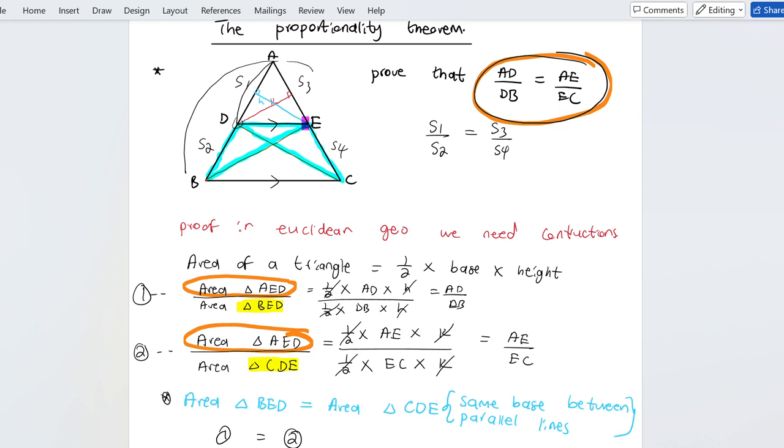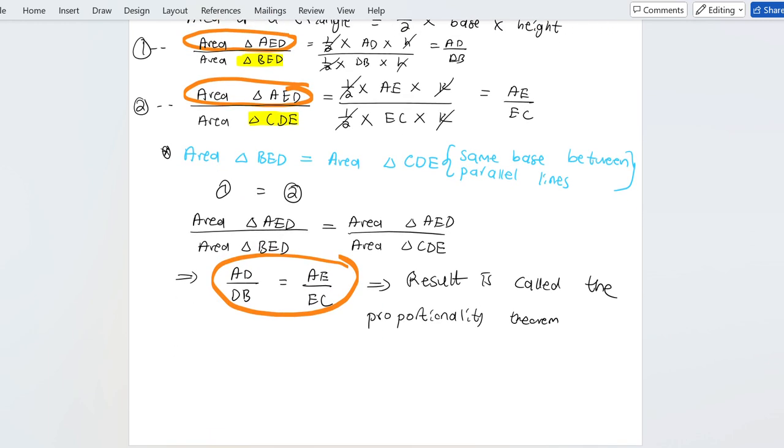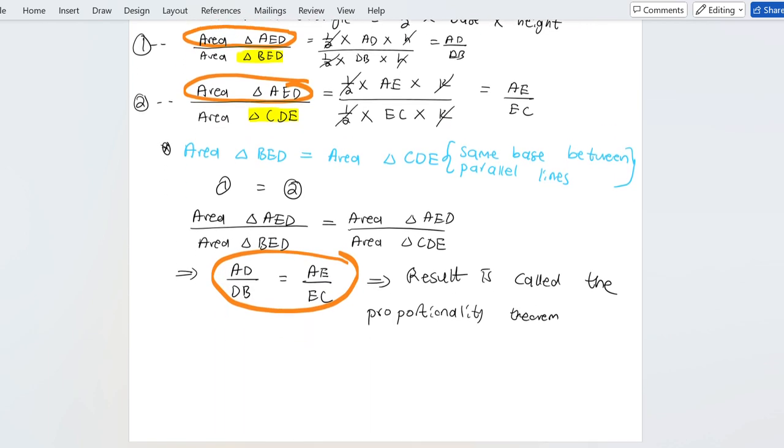Even this side, I must take this one, divide by the whole of that. So to illustrate that, this theorem also says that I can take S1 divided by S1 plus S2, which must be equal to S3 divided by S3 plus S4. As long as I'm picking sides which are opposite to each other, then this theorem holds. So this theorem is what we call the proportionality theorem.